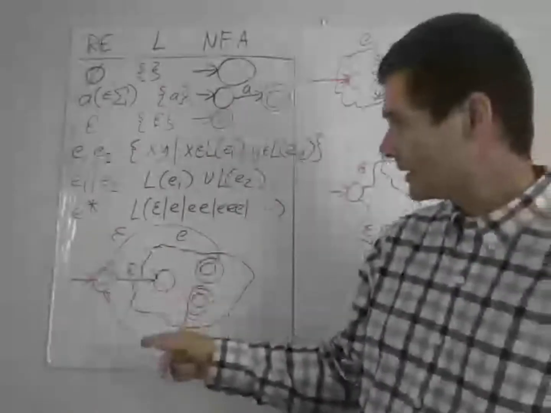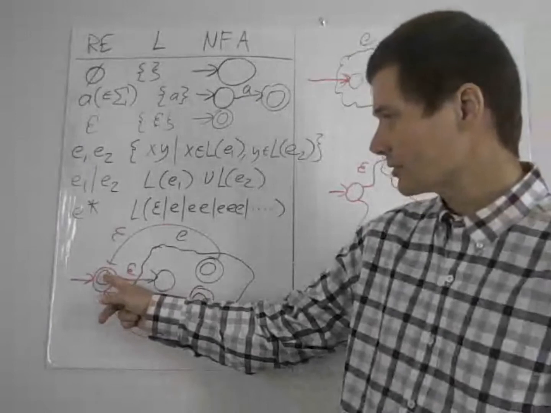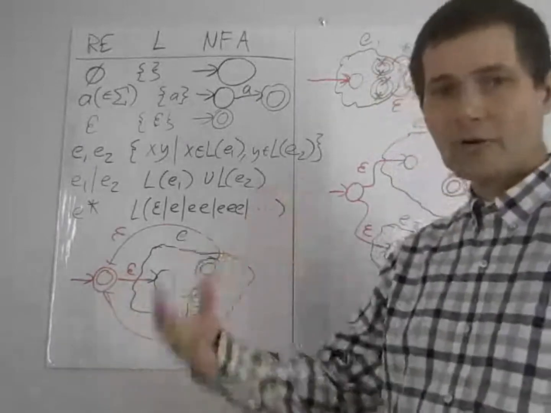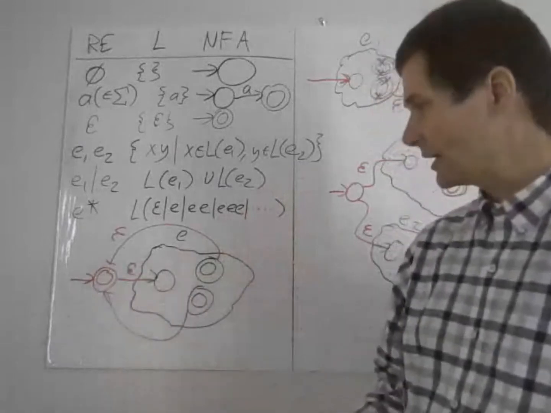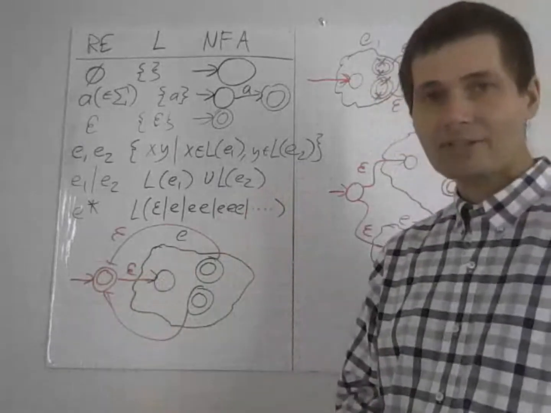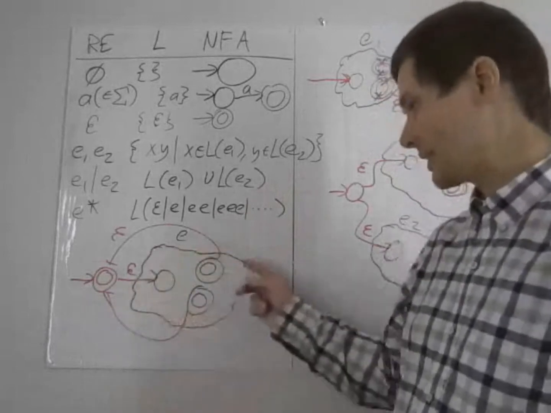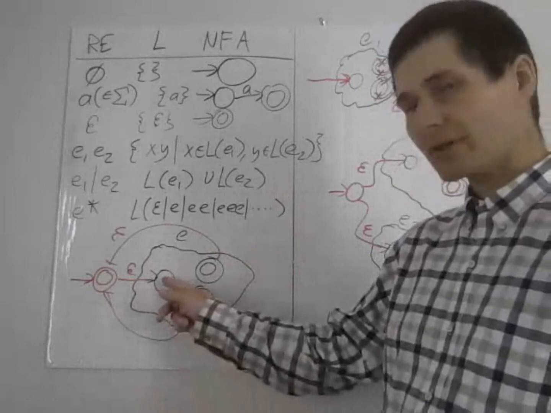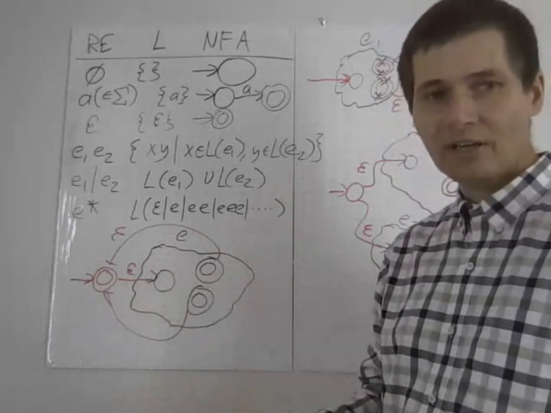I think here it's more important to create really a new start state because I need the start state to be an accepting state. And it could be that inside the NFA for E, the original start state was a non-accepting state.